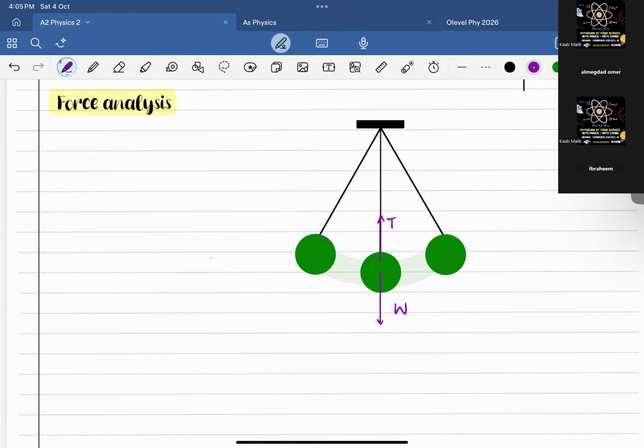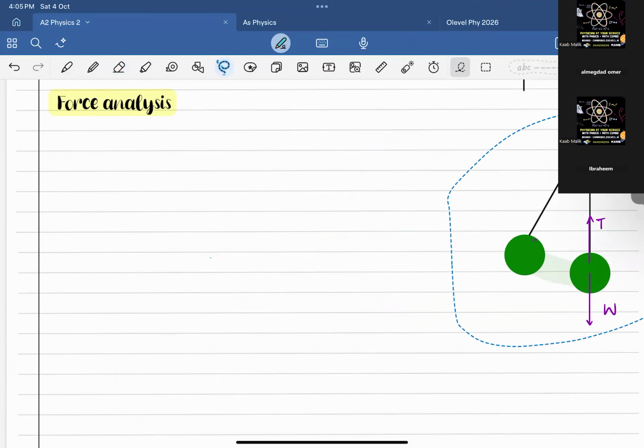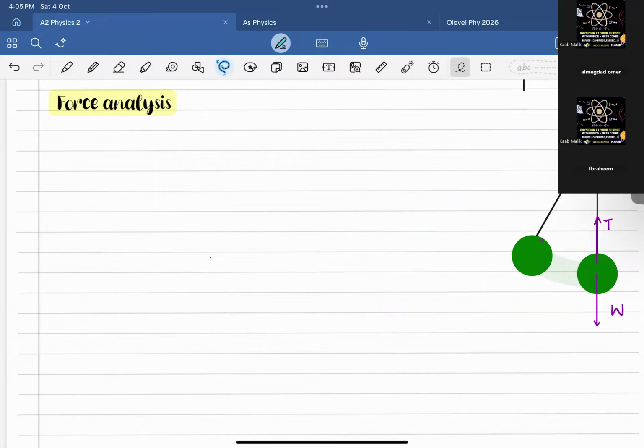But at any angle, let's imagine that we have this angle, or you can just ignore this thing and drag it to the other side.